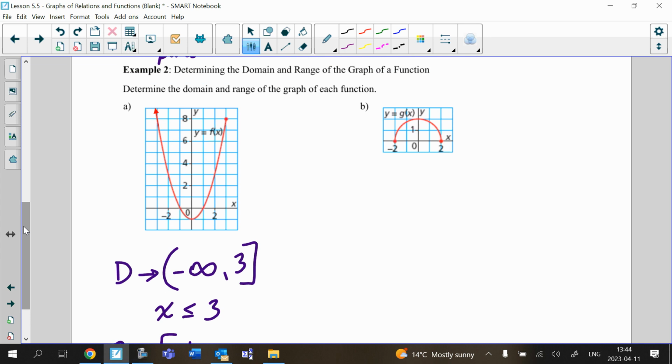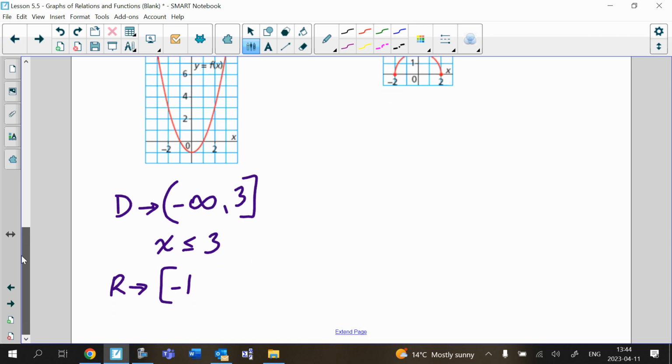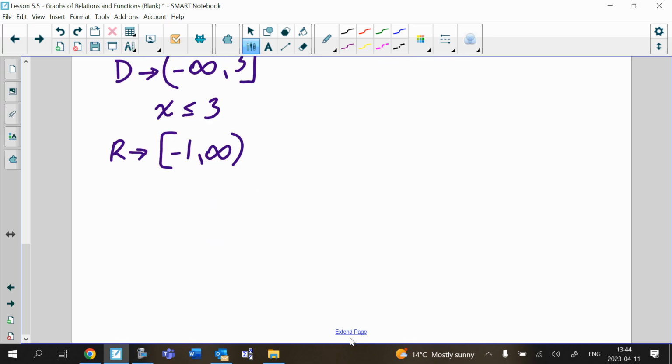All right, here we got a semicircle. They're connected. There's a curve, so I got to think interval notation. Domain, furthest left to furthest right. -2 to 2 with brackets.